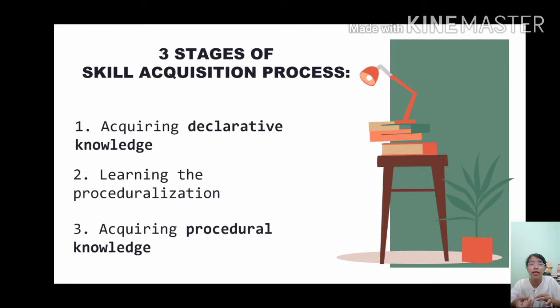Now, fully automatized procedural knowledge means, for instance, that in English, one uses a third person s for singular verbs without having to think about it. So, in the third and final stage of skill acquisition, learners might or might not lose the declarative knowledge of the rule.